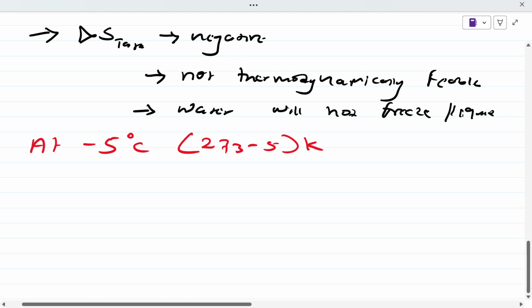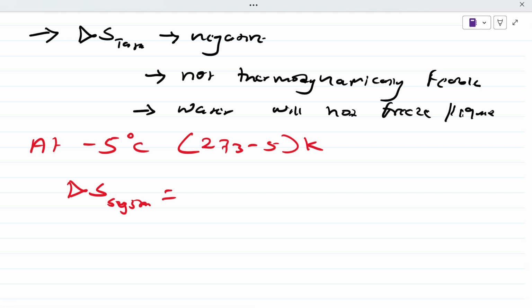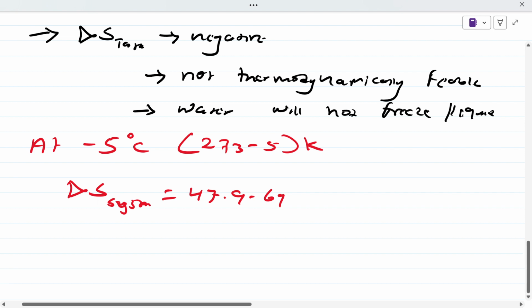We are going to start with the delta S of the system, which is the same as what we did, because the system is still changing from liquid to solid. So I'm going to have still 47.9 minus 69.9, and the value I'm going to get here is just -22.0 joules per Kelvin per mole.